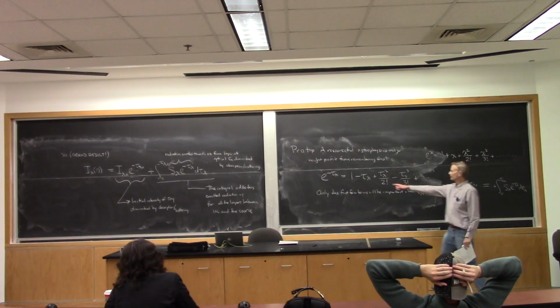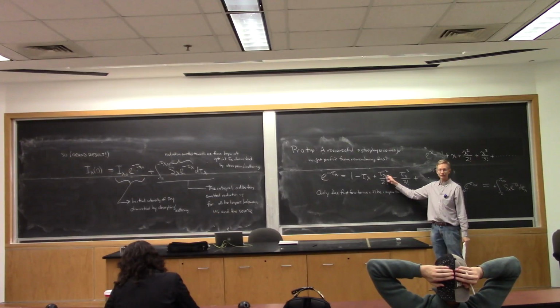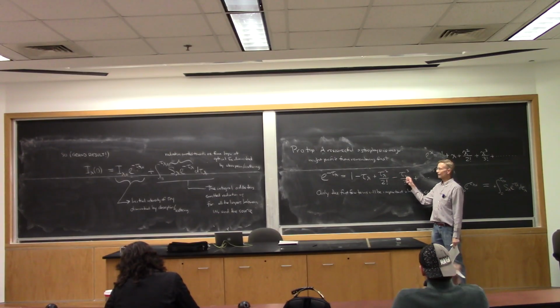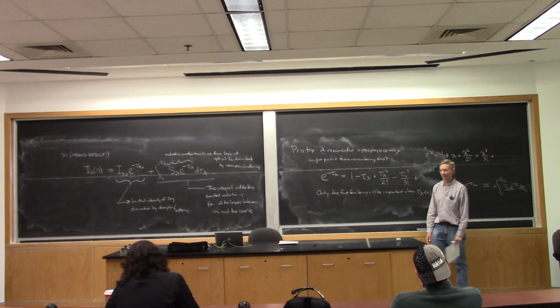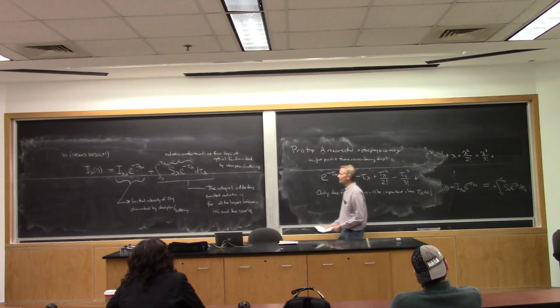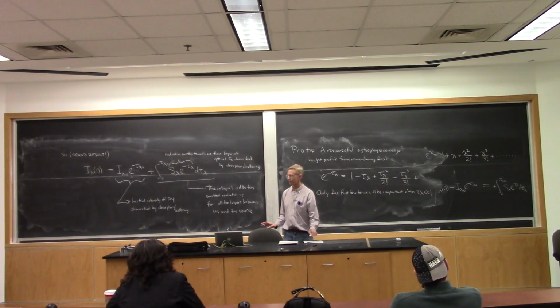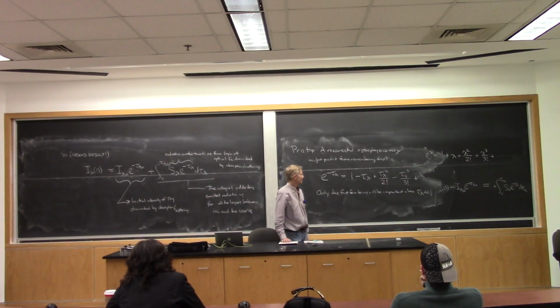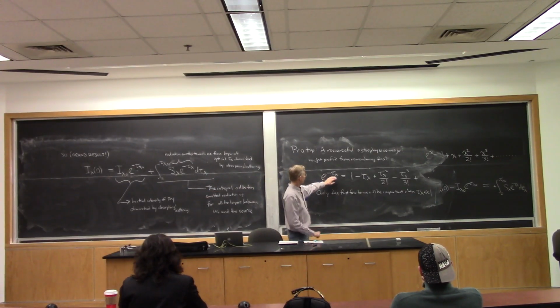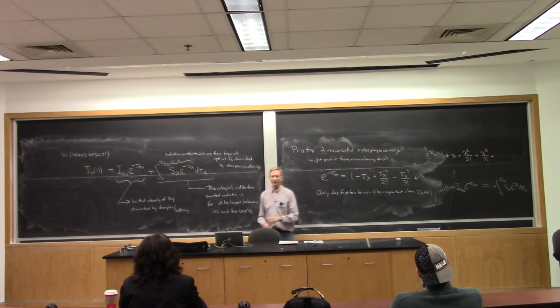If tau lambda is small, tau lambda squared is very small, and tau lambda cubed is very, very small, and tau lambda to the 4th power is very, very, very small, et cetera. So you might want to make some approximations that involve using this Taylor series right here.